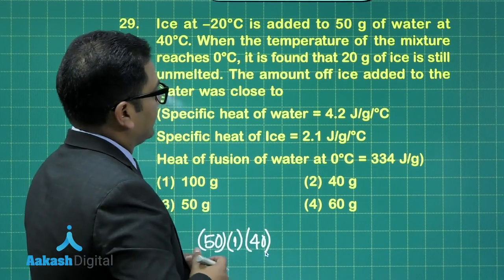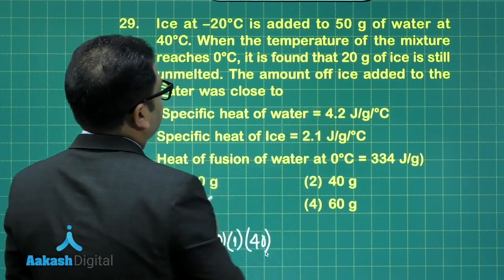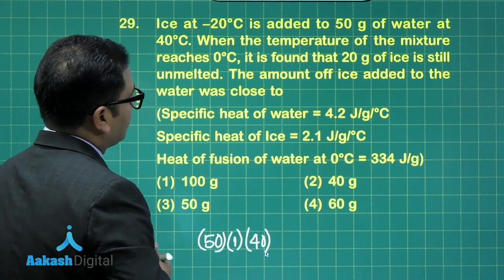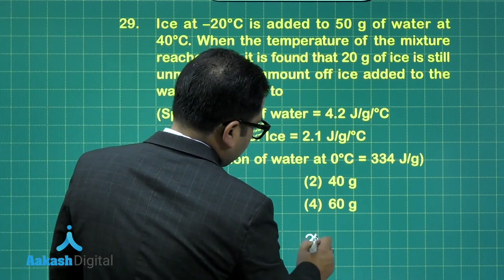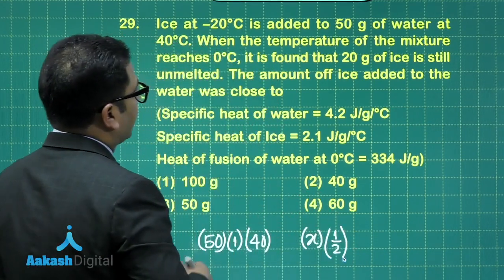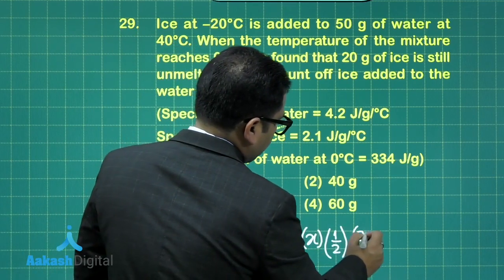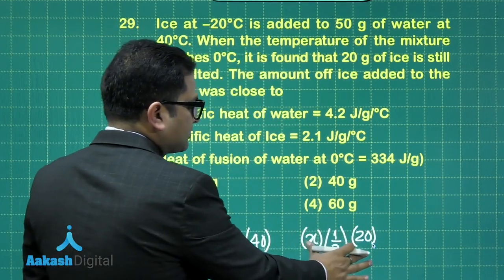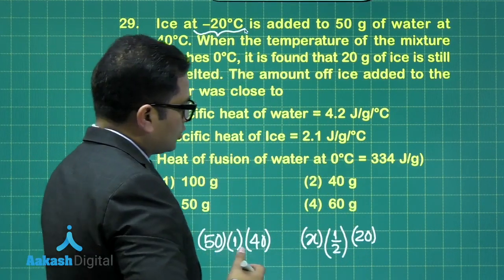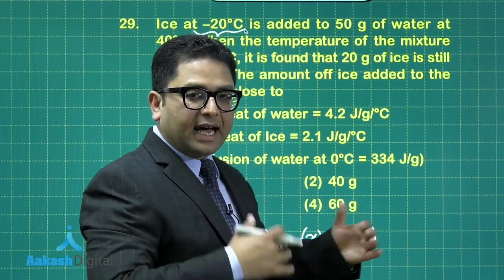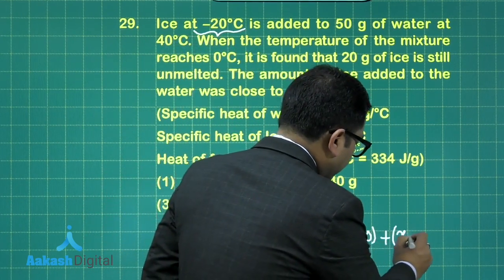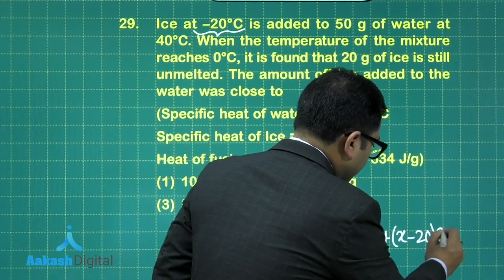Next, let's say that 20 gram of ice is still unmelted. Let's assume that initially there was x gram of ice. So that will be x, C is half, and delta theta is 20. This is the heat absorbed by ice when it comes from minus 20 to 0 degree. After that, 20 gram is still unmelted. In other words, x minus 20 has certainly melted.